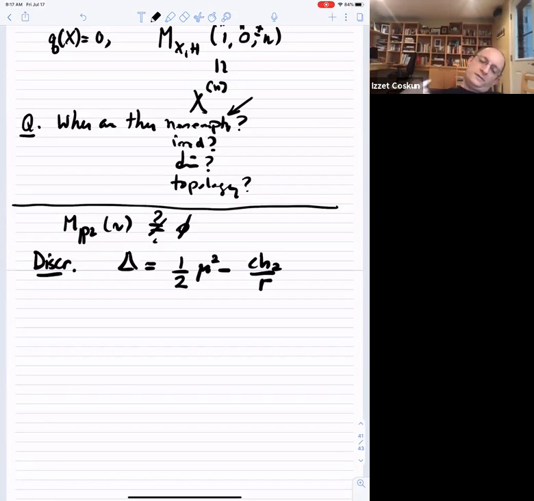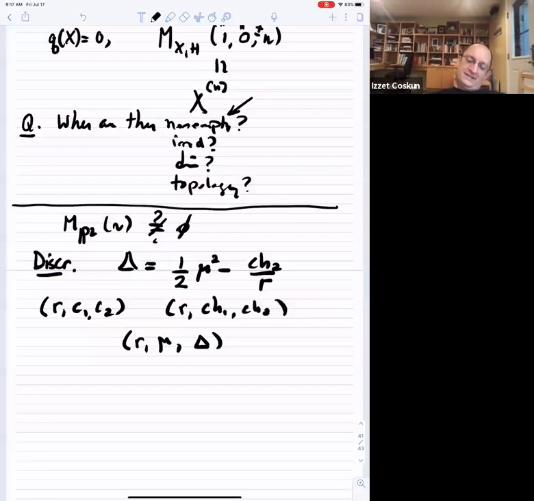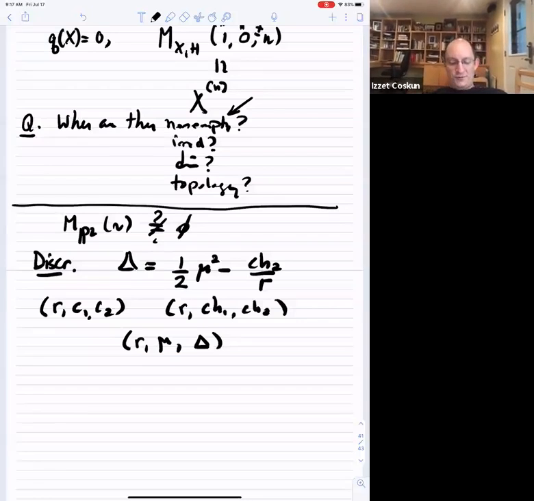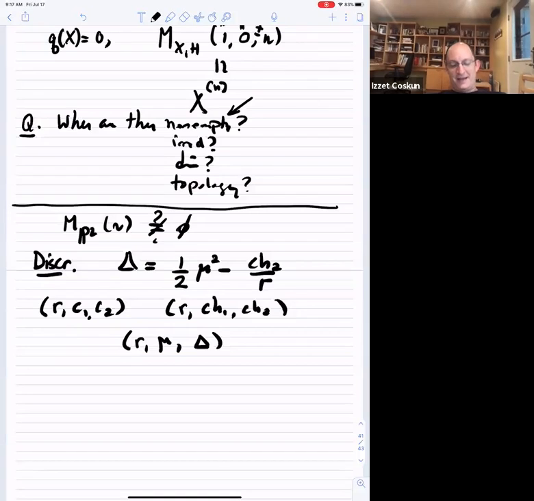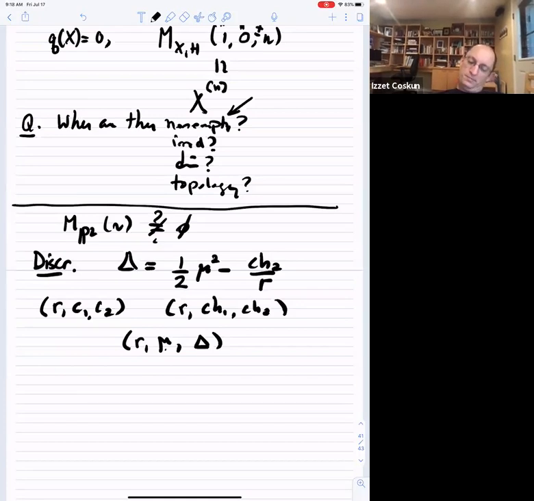There are many ways you can denote this: (r, c1, c2), or (r, ch1, ch2), or (r, slope, discriminant). These are equivalent ways of describing the Chern class or the Chern character of the bundle.